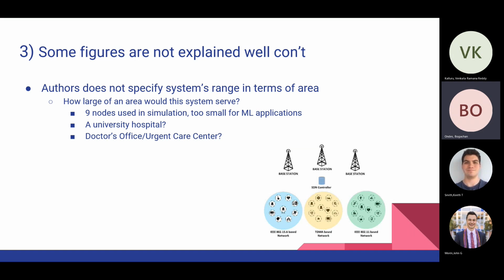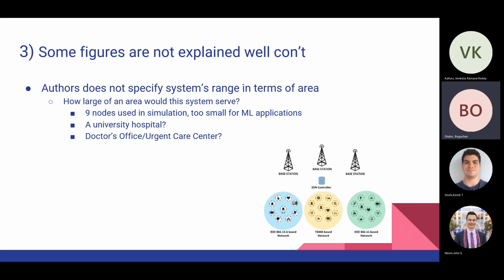Just like the machine learning figure, as I introduced at the beginning of the presentation, there's an issue with this figure as well. The authors don't really specify the area of coverage.